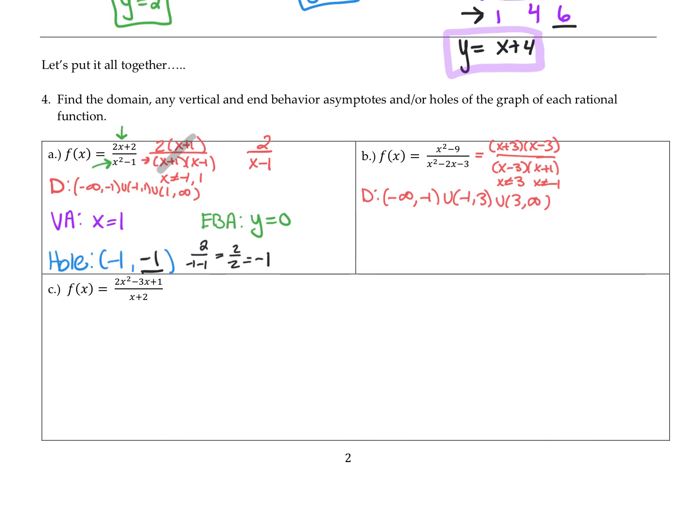Once I simplify this, I can see that I have a hole at 3. And my simplified equation, my denominator will tell me that I have a vertical asymptote at x equals -1.